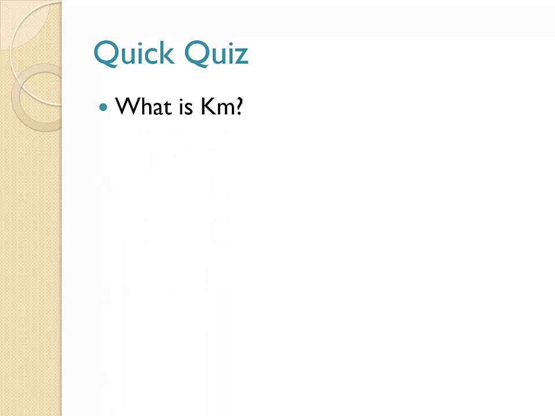What is Km? Go ahead and just take a moment to actually state what is the definition of Km. Km is the substrate concentration that gives you 1/2 maximum velocity of the enzyme system.